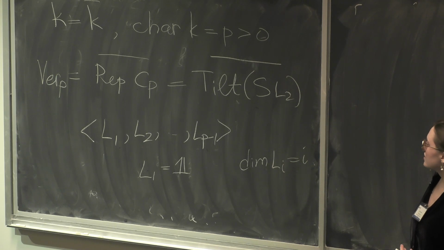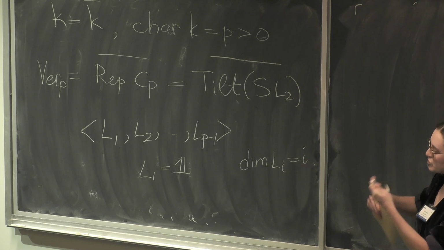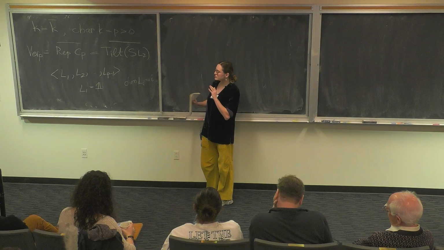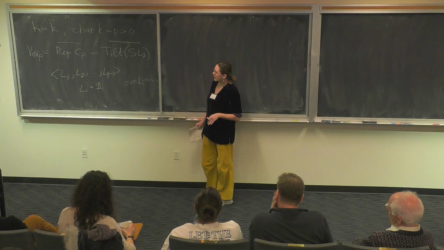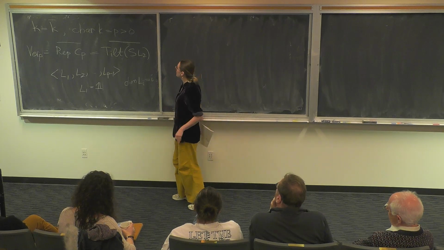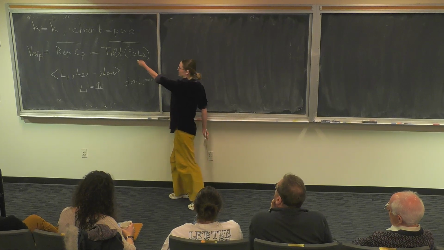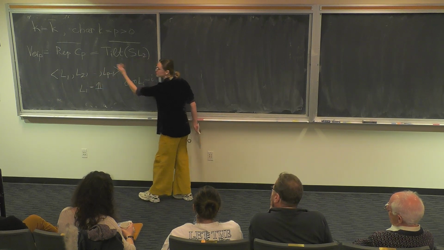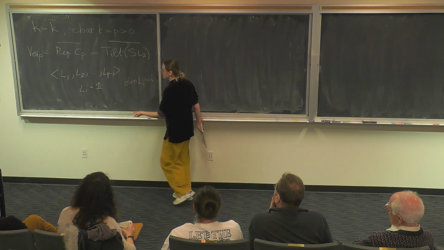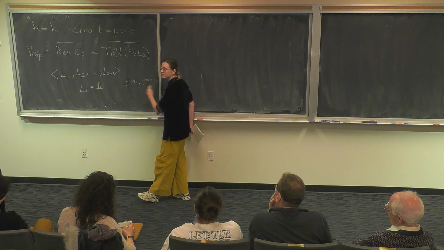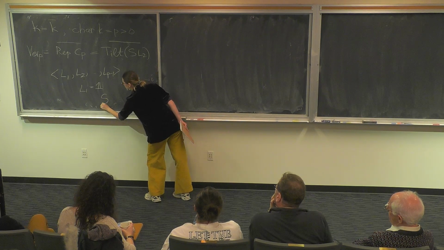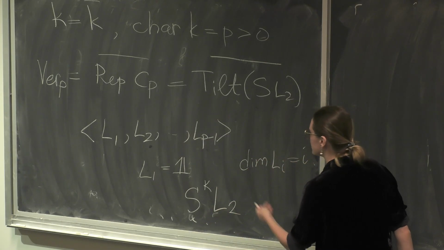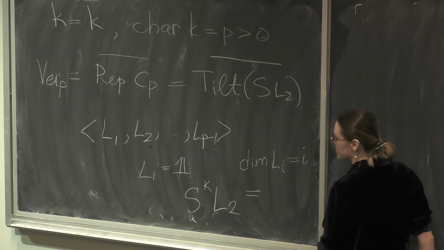And moreover, if you want to take the tensor product of two such things, you would need to use some modified Clebsch-Gordan rule. And a lot of properties come from this picture of SL2. For example, L2, this two-dimensional simple object, is sort of the generating object for our category, and every other thing comes from symmetric powers of L2.